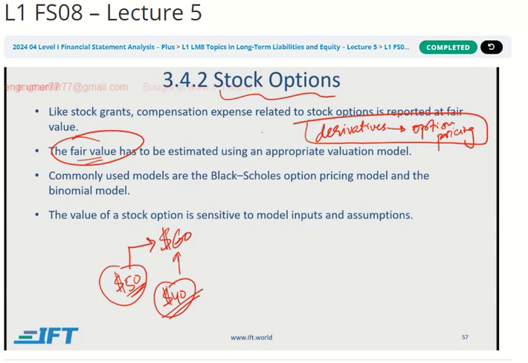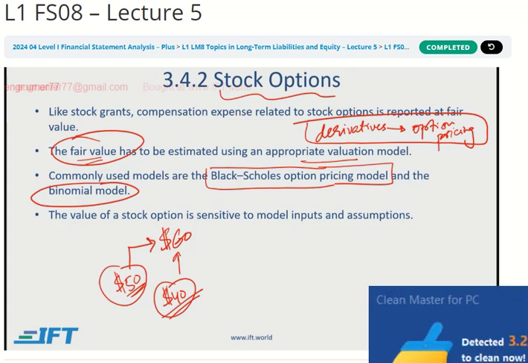But the important thing is that a fair value has to be estimated using an appropriate valuation model, and there are two. One is the Black-Scholes option pricing model, and the other one is the binomial, both of which you will be learning in your derivatives material. And then you take that fair value and allocate it across the number of years.